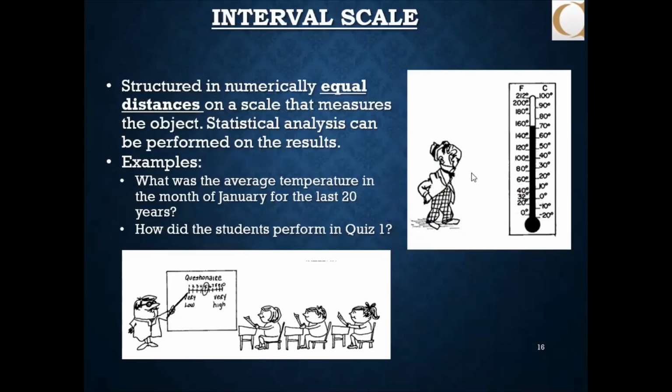So interval scale: structured in numerically equal distances on a scale that measures the object. Statistical analysis can be performed on the results. So you can use degrees or grades. Examples: what was the average temperature in the month of January for the last 20 years? How did the students perform in quiz 1?